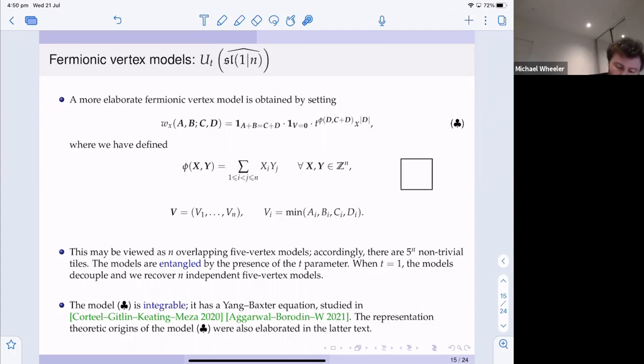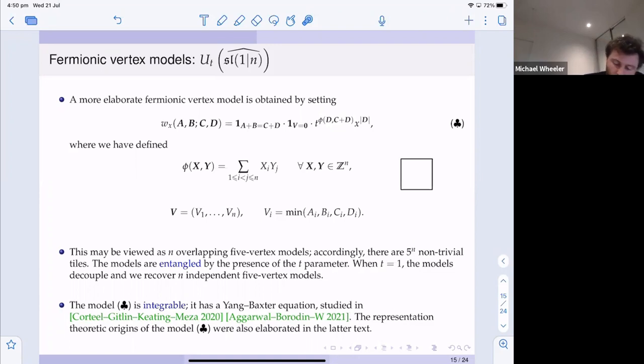All right, so this is again an integrable vertex model, so it does have a Yang-Baxter equation, and it's been studied very recently. It first appeared in the paper by Corteel, Gitlin, Keating, and Meza from December 2020. And then essentially a month later, with Amol Aggarwal and Alexei Borodin, we also put out our text where we're looking at exactly the same model.